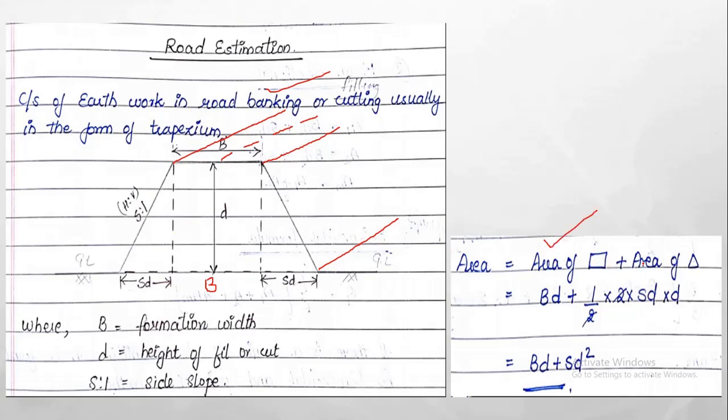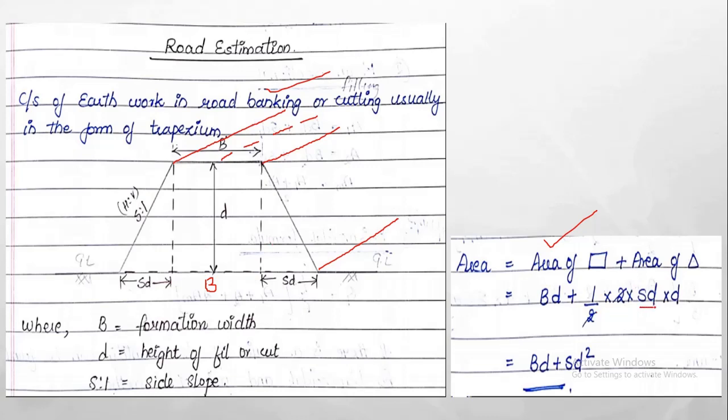The area of the rectangle plus area of the triangle. So the area of the rectangle will be b into d, as you are already aware, b is the breadth and d is the depth. So BD plus the area of the triangle, which is half base into altitude. Half into base will be SD, and height will be D. Actually there are two triangles, so it will be 2 into half into base.